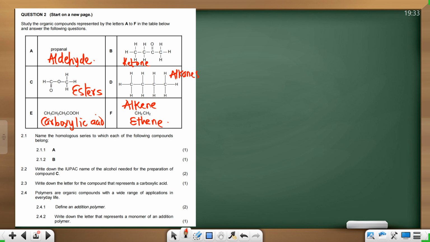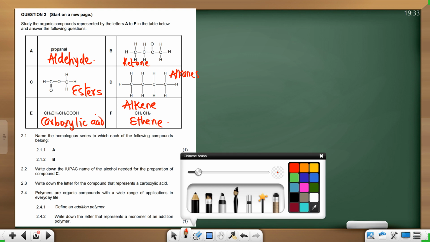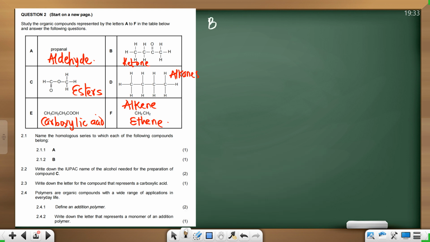Now, quickly, give me the name of B. It's not a train smash. It's a ketone. What is the name for B? Butan-one, but you're wrong, though, guys.